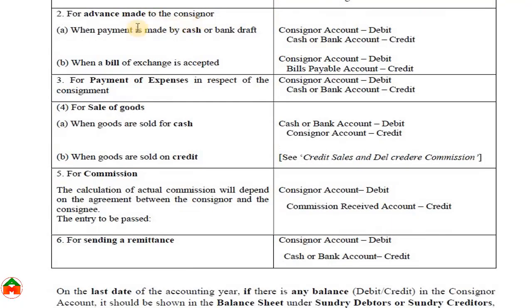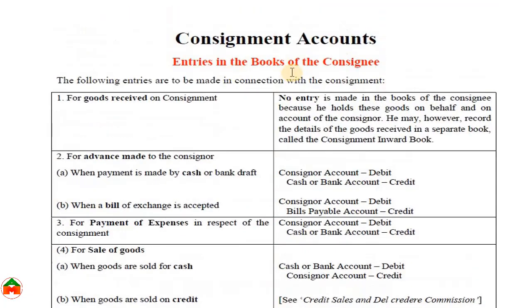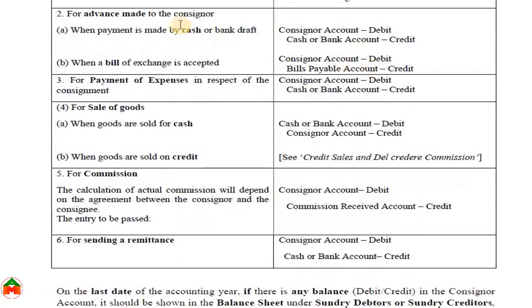Whenever the advance is paid in the mode of cash or bank draft, then since you are paying cash, that's why cash or bank account credit, and the amount is going to be received by the consignor, that's why consignor account debit. I am repeating, today we are learning about the journal entries in the book of consignee.